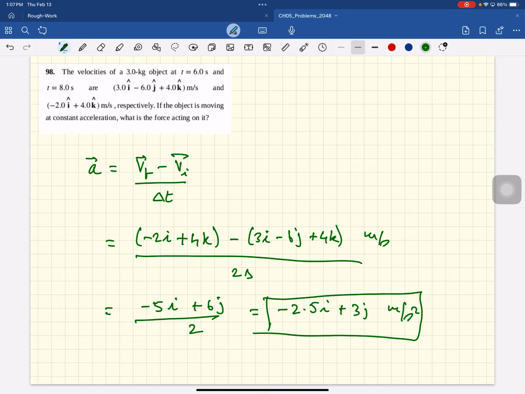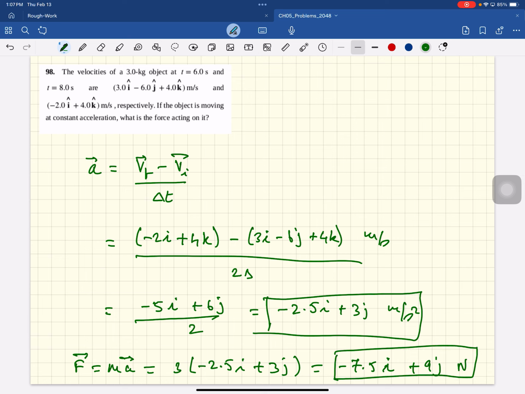And the force acting on the object is just mass times acceleration, 3 kg times that. The units of force are newtons. Kg meters per second squared is newtons.